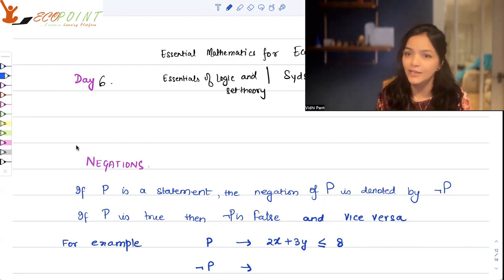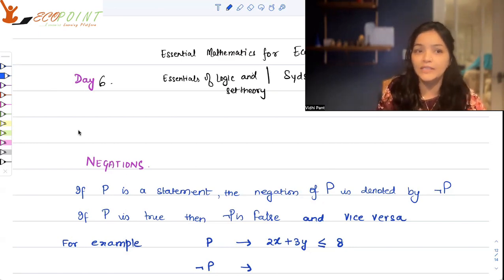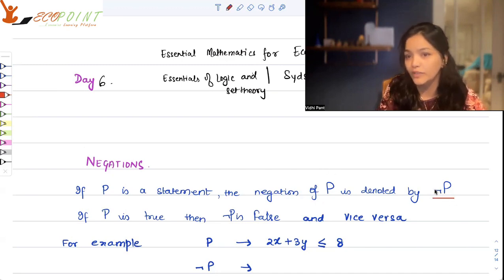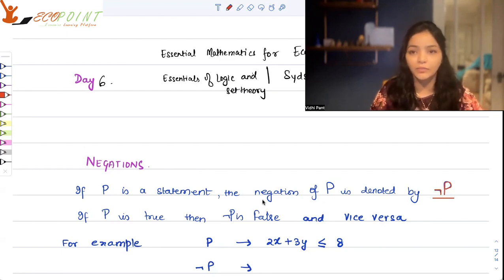What is a negation? A proposition is a statement which is either true or false. So if P is a statement, negation of P is denoted like this. We've spoken about mathematical logic a little bit in our previous videos.